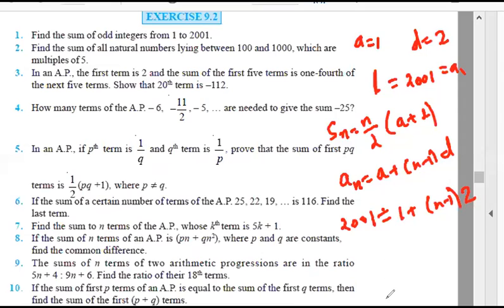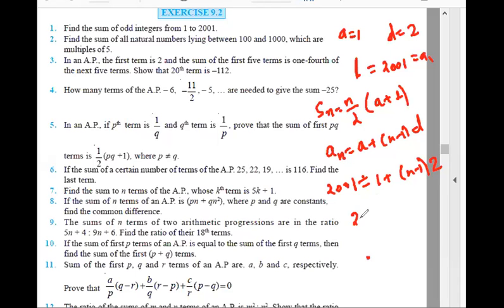So 1 will go this side: 2001 minus 1 will become 2000, divided by 2 is 1000, equal to N minus 1. So N is equal to 1001. Yes or no?